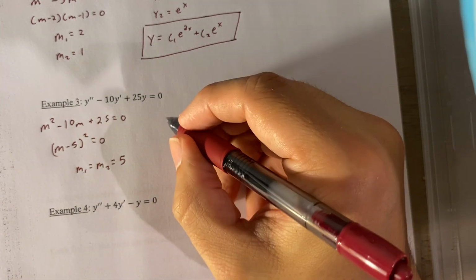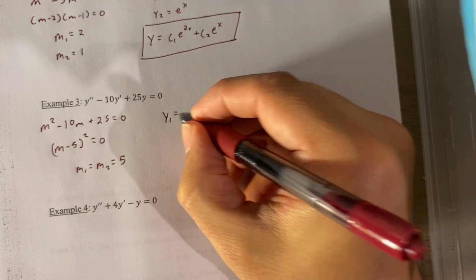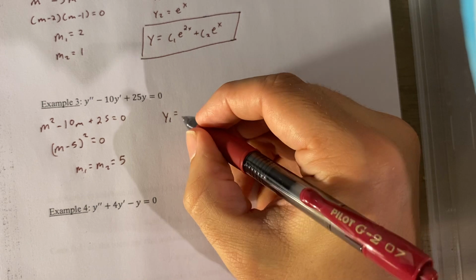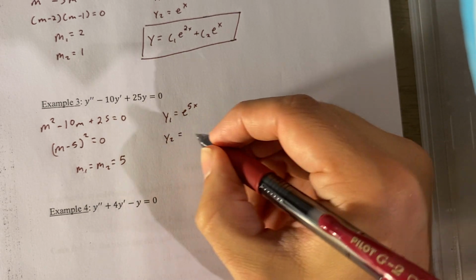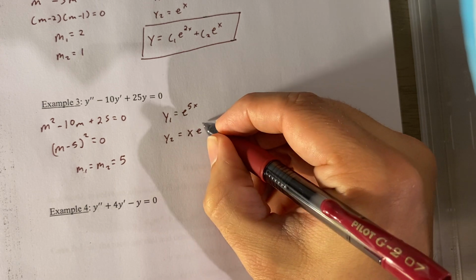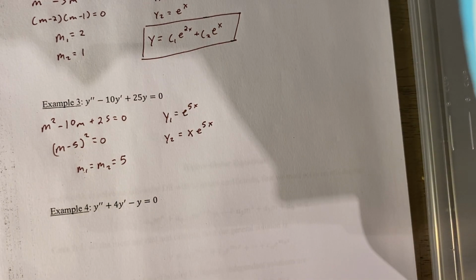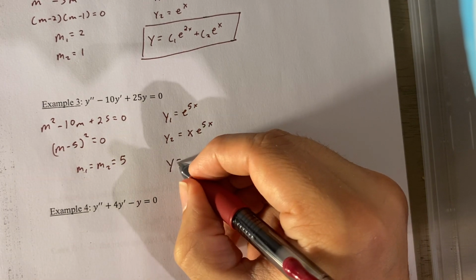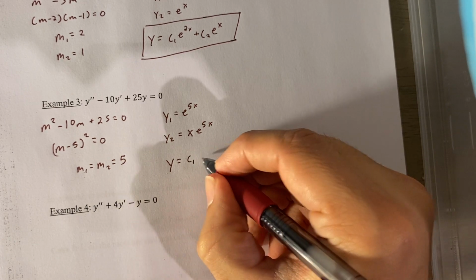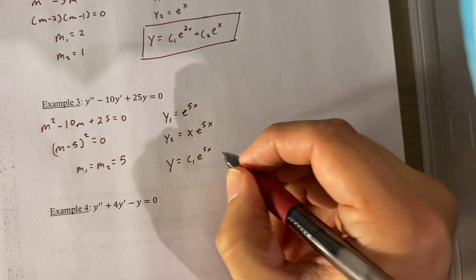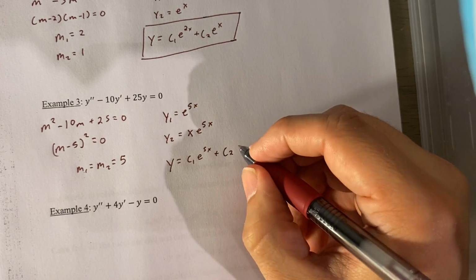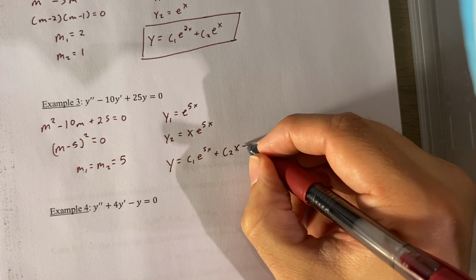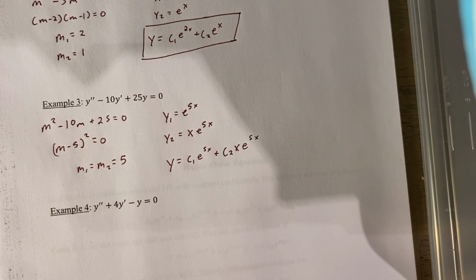So then I know that my y sub 1 equation is just going to be e to the 5x, and my y sub 2 equation is x e to the 5x. That gives me a general solution, y equals c sub 1 e to the 5x plus c sub 2 x e to the 5x.